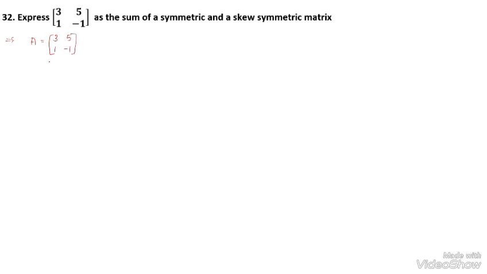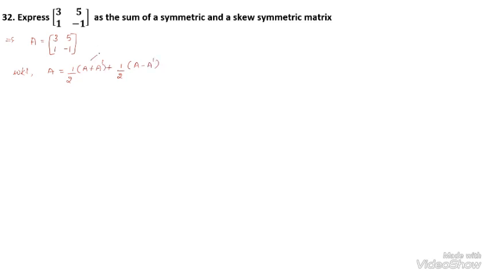This is the given matrix. It can be expressed as the sum of symmetric and skew symmetric. We know the result that A is equal to 1 by 2 of A plus A transpose plus 1 by 2 of A minus A transpose.